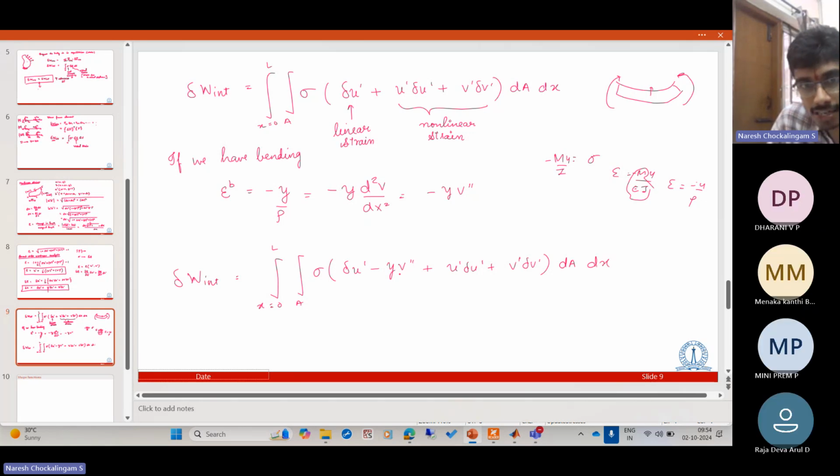Now this is also linear. So here also, okay, there is something wrong. This is epsilon b. But if you are imposing a virtual bending strain, that will have this del. And why is the del not applied to y? Okay, so let me do one thing.